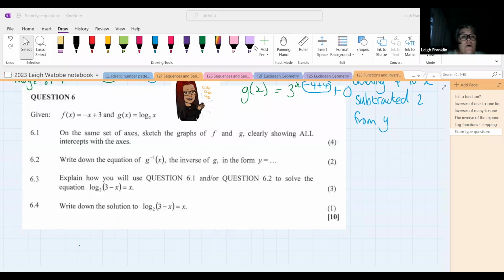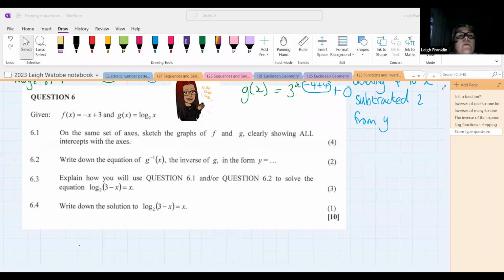Absolutely. They've said to us, first things first, on the same set of axes, sketch the graphs of f and g, clearly showing all intercepts with axes. So this is the first question that they want us to do, a sketching question. Hopefully this isn't too difficult for any of us.